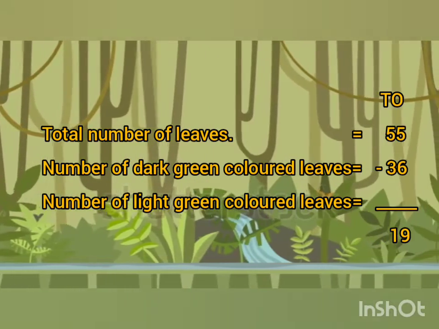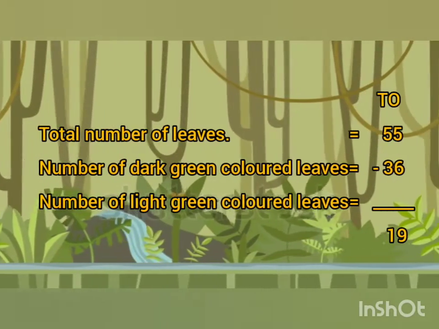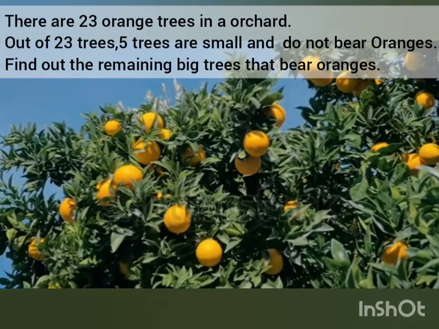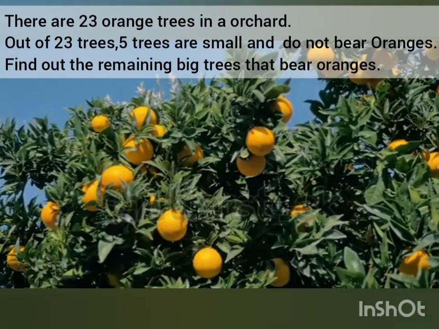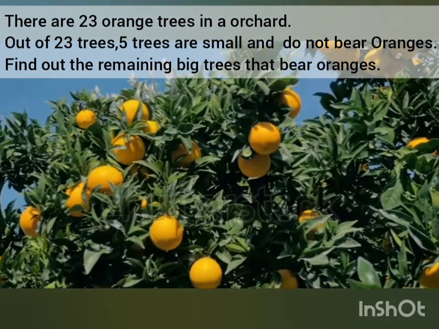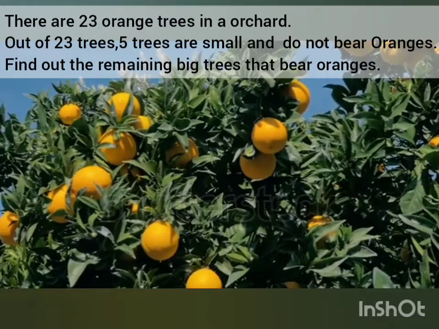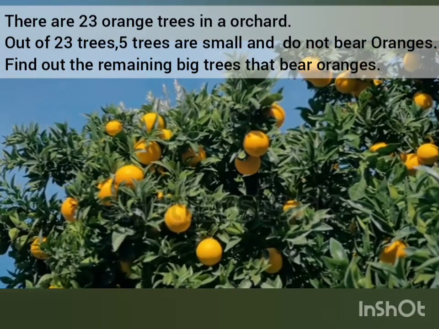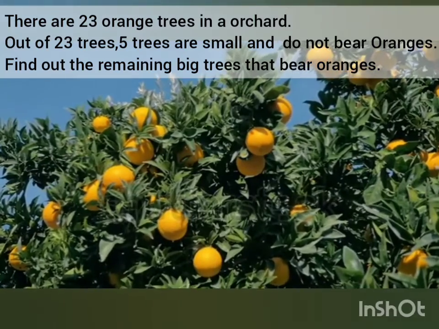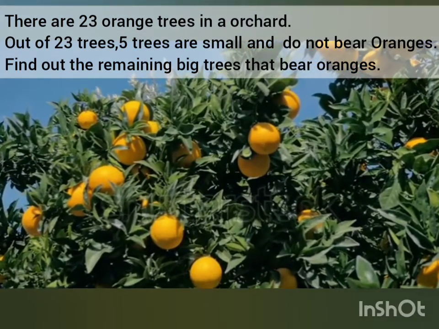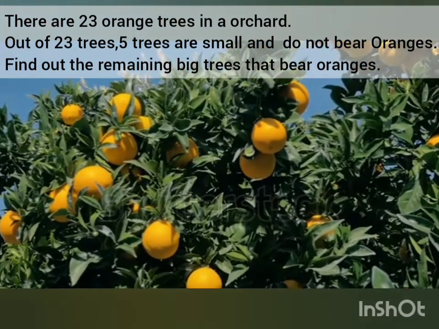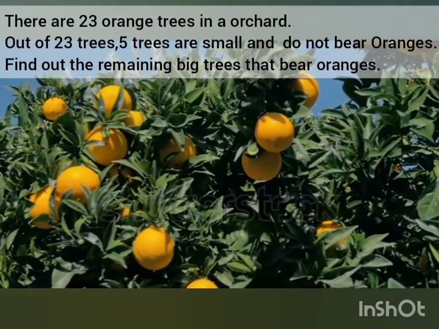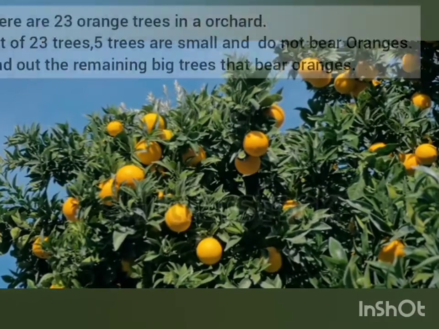Now let us move to our next word problem. There are 23 orange trees in an orchard. Out of 23 trees, 5 trees are small and do not bear oranges. Find out the remaining big trees that bear oranges.